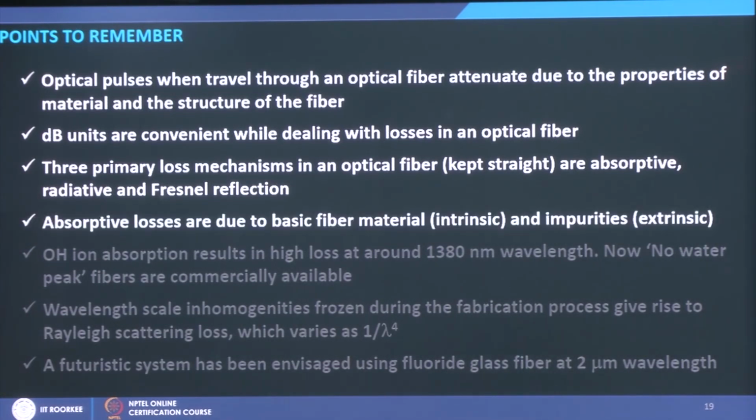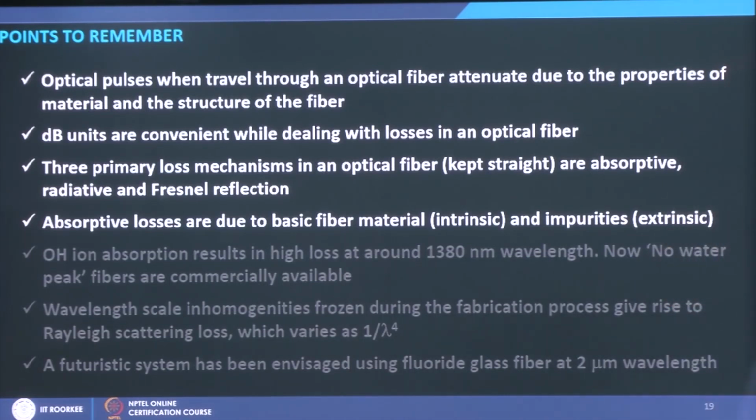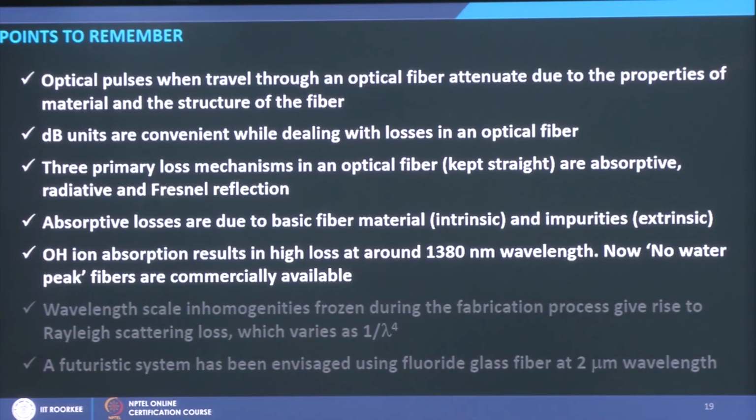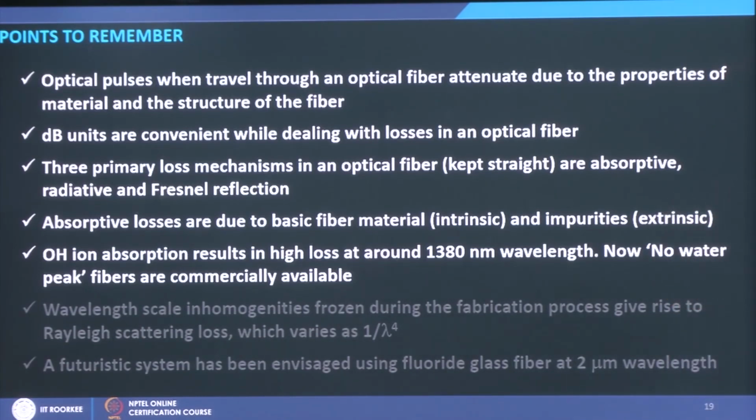Absorptive losses are due to basic fiber materials, which can be silica or germanium doped silica, and extrinsic losses are due to impurities. In impurities, OH ion absorption results in high losses at around 1380 nanometer wavelength, but now no water peak fibers are commercially available.